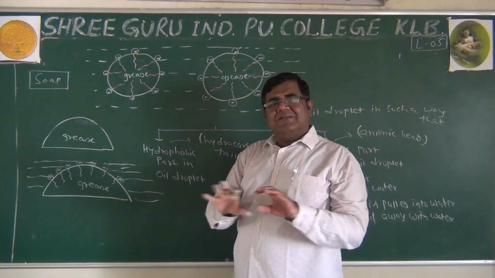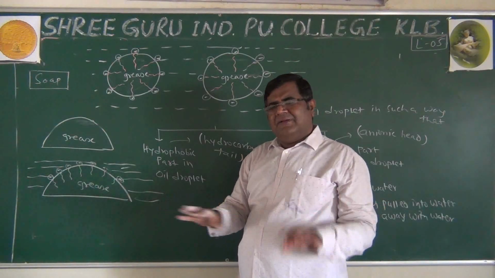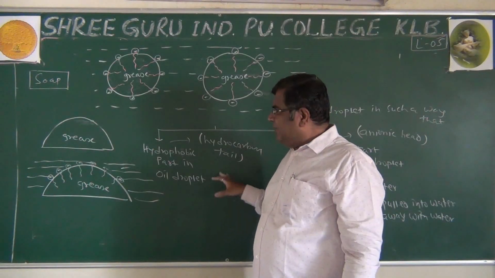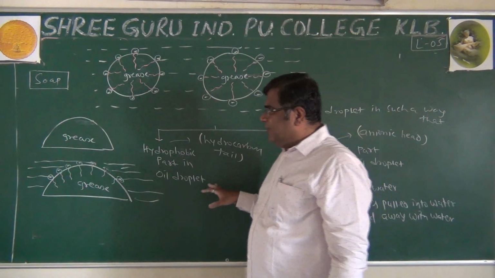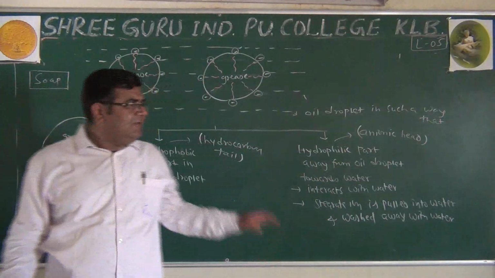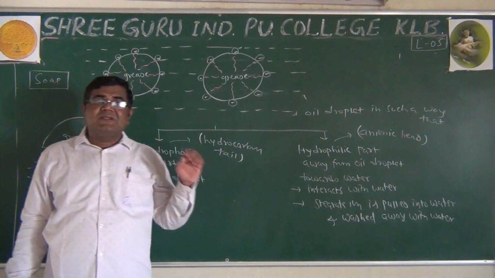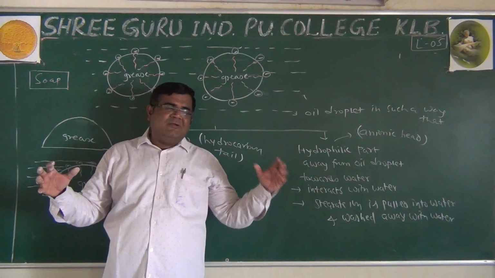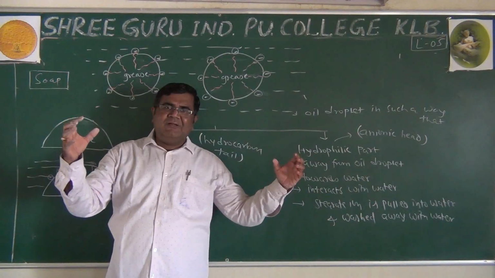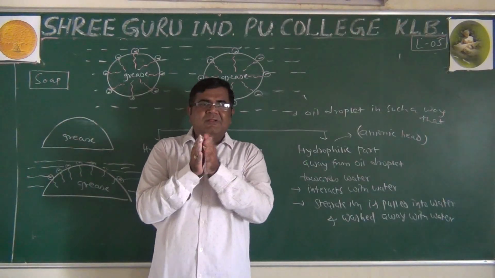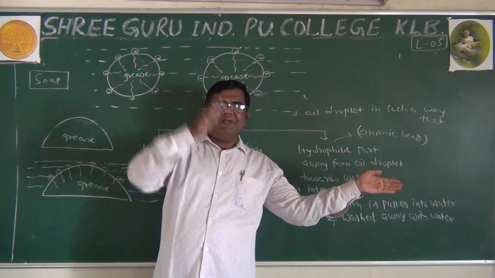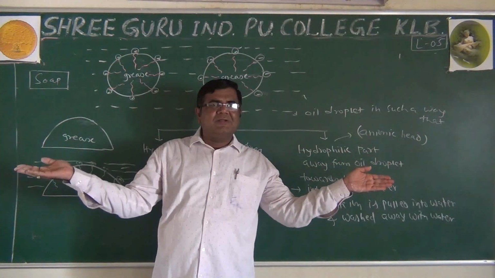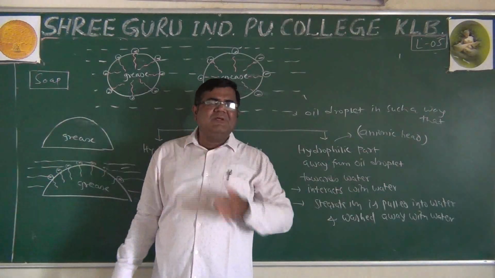So they are separated and the action will be smooth. In that way soap can be used as a cleansing agent because it stabilizes the emulsion between oil and water. One part is oil, another is water, and it is in the middle. It can interact with water, can interact with oil, and take that oil from the cloth surface.